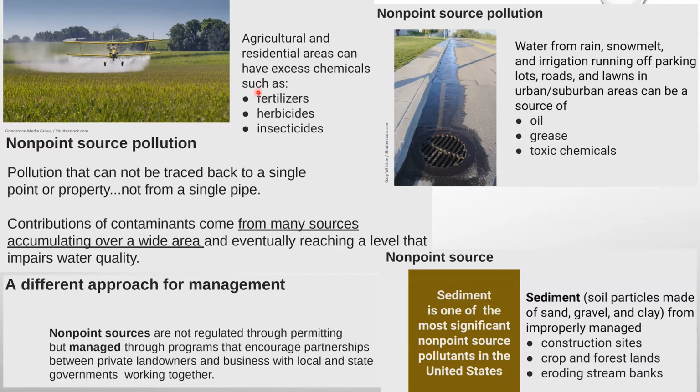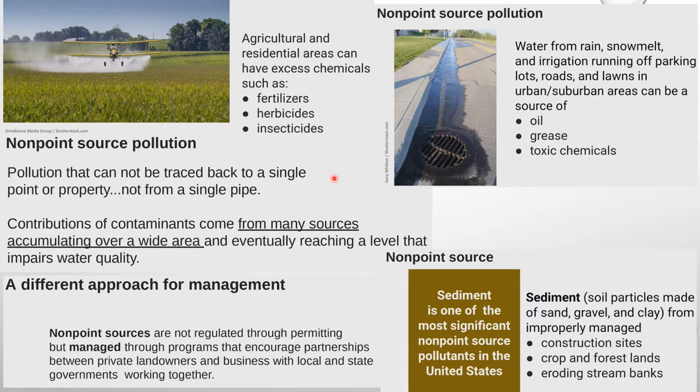And then if you look in the picture to the left, we see some type of plane going over some kind of agricultural field, and it could be spraying fertilizers, herbicides, or insecticides. So when it rains or when the wind is really blowing, some of the chemicals from these things can just go right downhill or get dropped off into the waterways. And that accumulates in the water and becomes toxic.